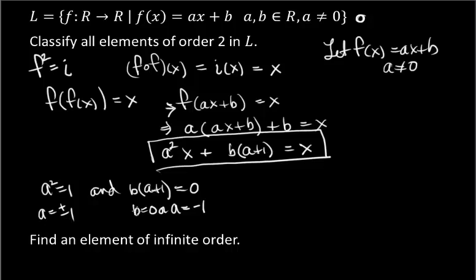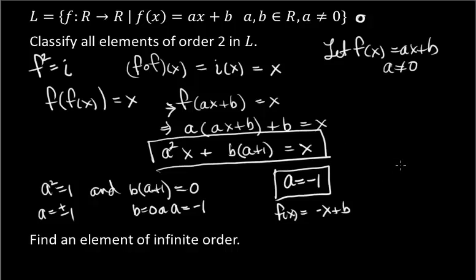All right, so if a is minus 1, this part is taken care of. So one way to do it is just to make a equal to minus 1, and b could be anything. So this gives us all the functions of the type f of x equals minus x plus b. All of those functions, minus x plus 3, minus x plus 4, will be of order 2.